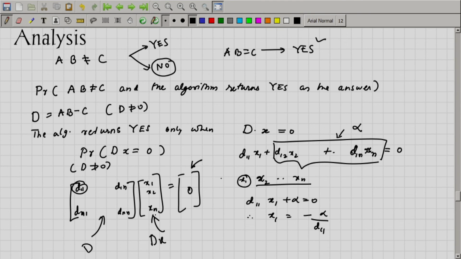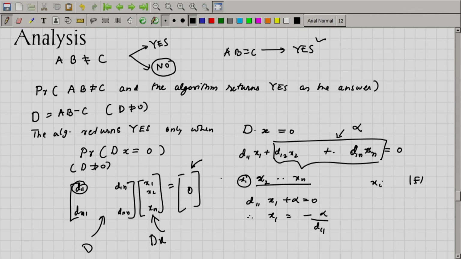So, if the random vector was chosen in such a way that each element xi was chosen from a field of size, let us say, f, then only one choice out of f choices would result in the algorithm returning an incorrect answer.